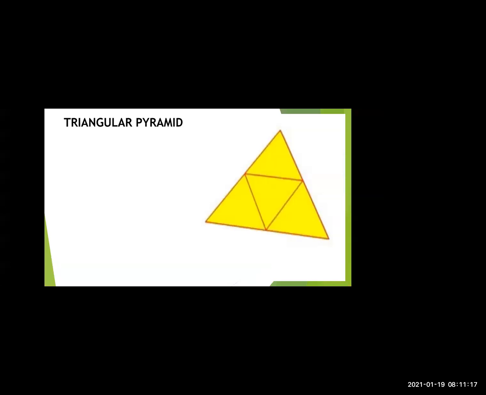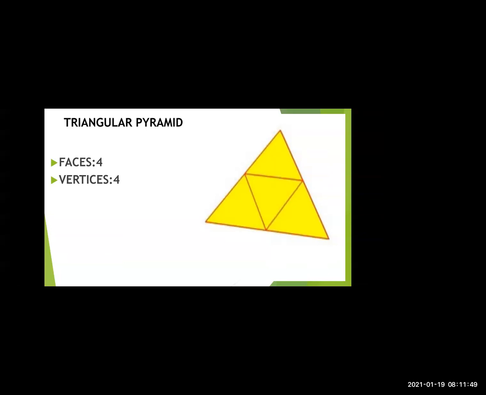The base is a triangle and from all the sides there is a covering of a triangle from the 3 sides. So faces will be 4, because the base is a triangle and the covering has 3 triangles. Total, it becomes 4 faces.